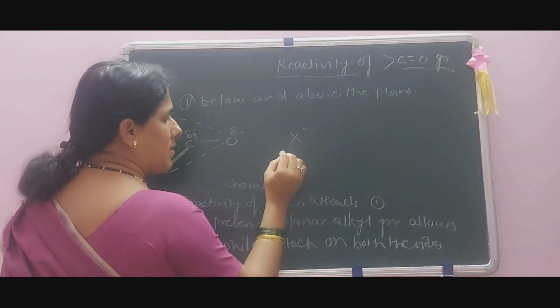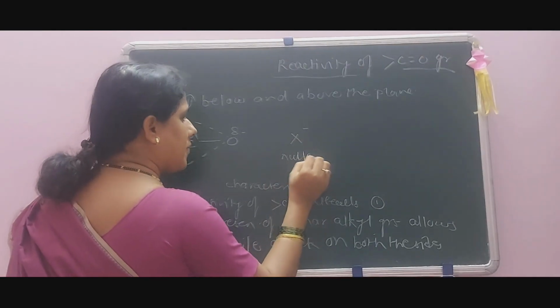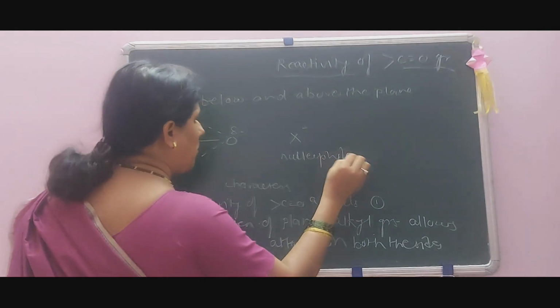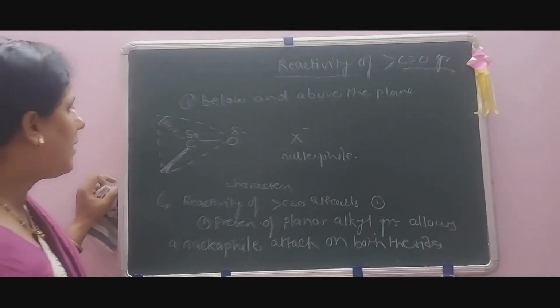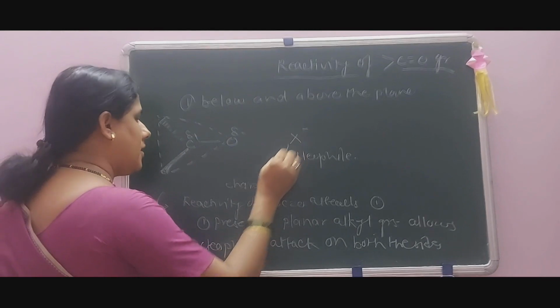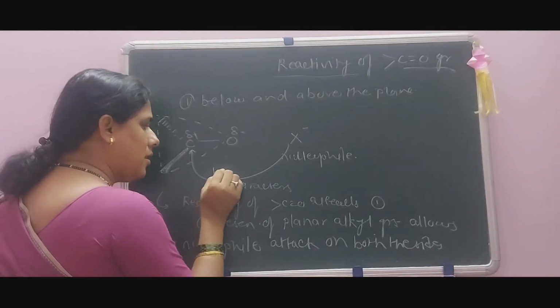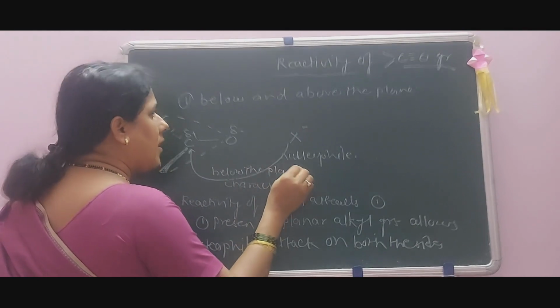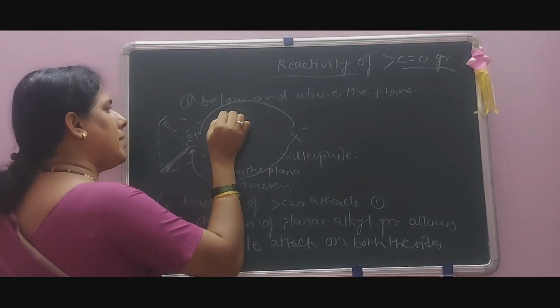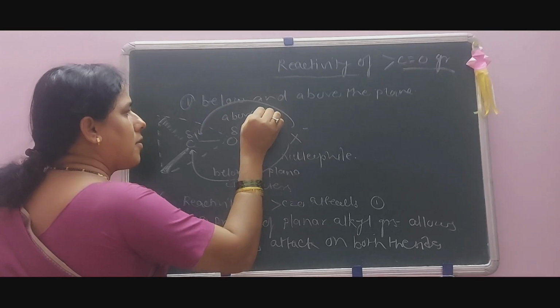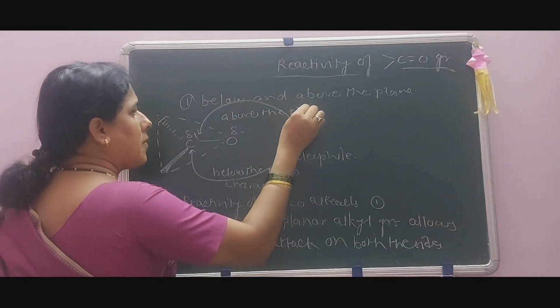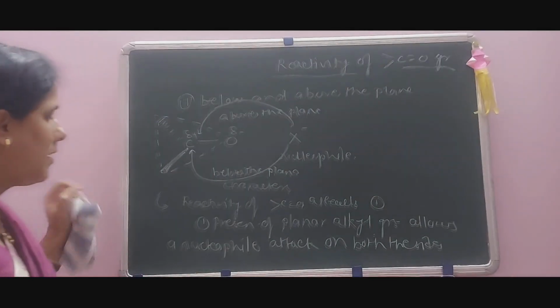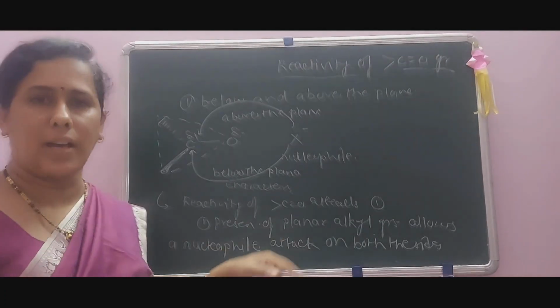It can attack this positive charge center either from the back side, that is below the plane, or from above the plane. This affects the reactivity of the carbonyl group.